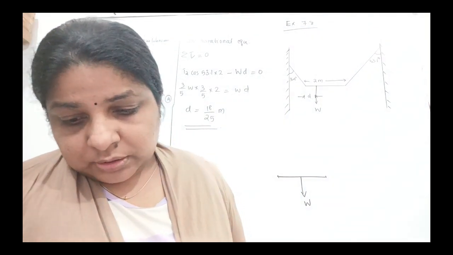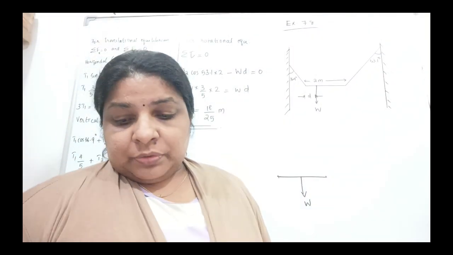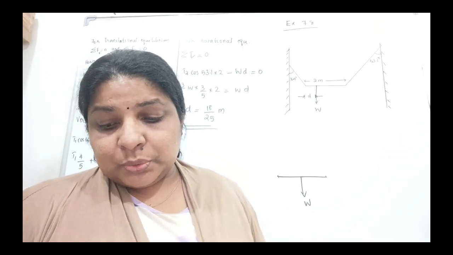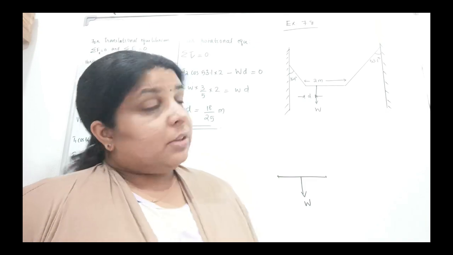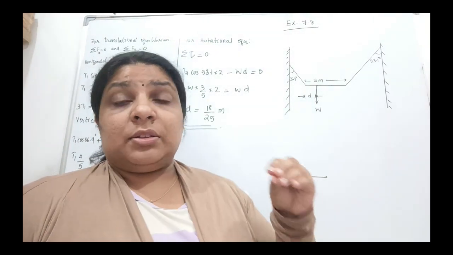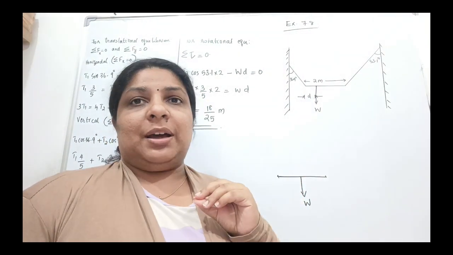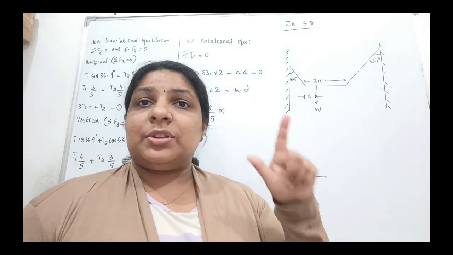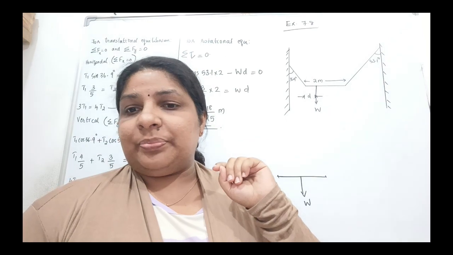A non-uniform bar of weight W is suspended at rest by two strings of negligible weight. When two strings are supporting the bar, the force on the string we call tension.